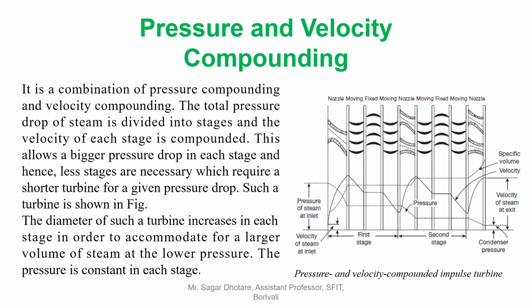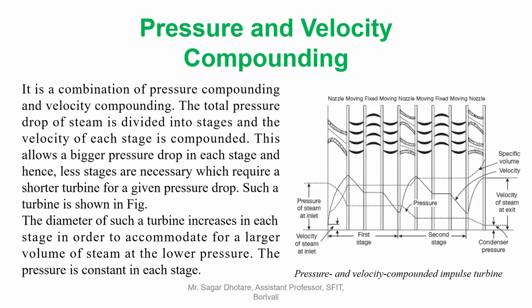The velocity drop takes place in the moving blades of the second rotor as it transfers its kinetic energy to the blades so that the blades start to rotate. The blade height in the second stage must be higher than that of the first stage as the pressure is reduced and so the specific volume increases.